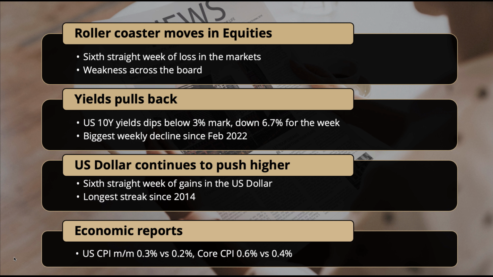The U.S. dollar, same thing, continued to push higher, and ironically, the sixth straight week of gains in the U.S. dollar as well. So very much similar to what we saw in the equity market. We have seen that correlation take place. We've seen the dollar acting as a safe haven currency. Very similar price action, but also notable that it's the longest streak of weekly gains in the US dollar since 2014.